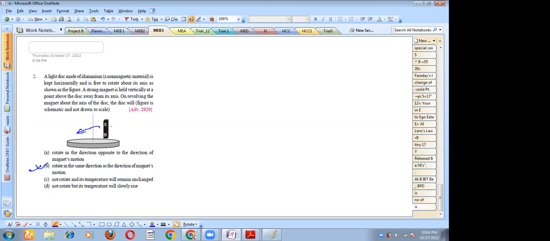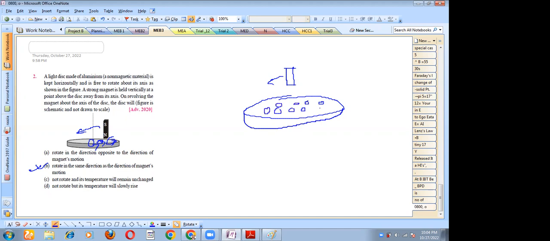Because of the movement of the magnet, there will be induced currents, like eddy currents, on the surface. Now, because of Lenz's law, these currents will try to oppose its motion.